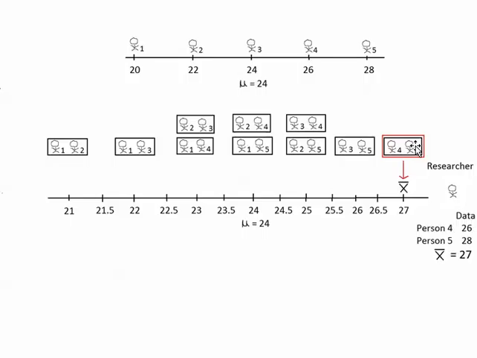And this ends up being my data set because I recorded the ages of those 2 people. So you can imagine a sampling distribution as kind of like a gumball machine where one gumball will end up falling and end up being your selected gumball.